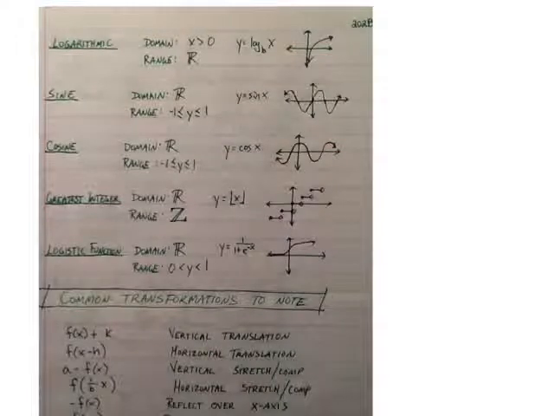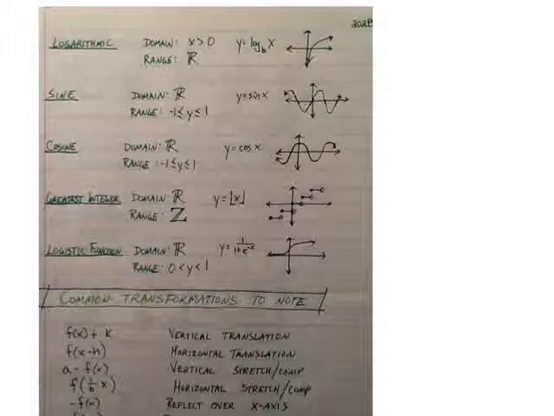The inverse of the exponential is the logarithmic function, and the logarithmic function has a vertical asymptote at x equals 0. So the curve never crosses the vertical axis, and it crosses the horizontal axis at 1, 0, regardless of the base of the log. The base is basically going to tell you how flat of a curve it is.